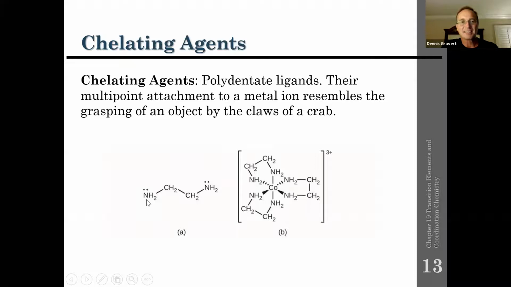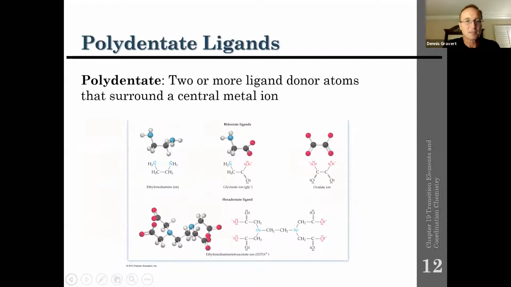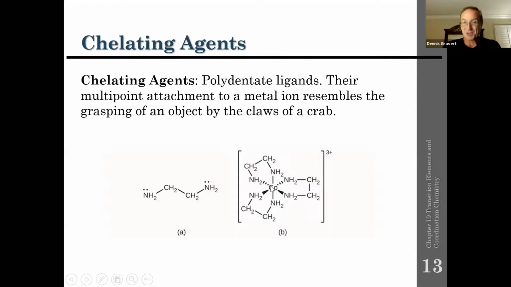And you can see that this ethylene diamine, 2 carbons, 2 nitrogens, can bind twice, so this one molecule can attach through 2 covalent bonds to the central atom. And you can see that there are 3 molecules in total attaching to a cobalt central atom.